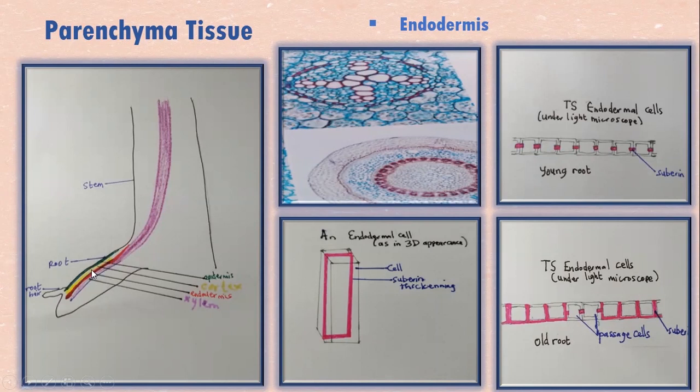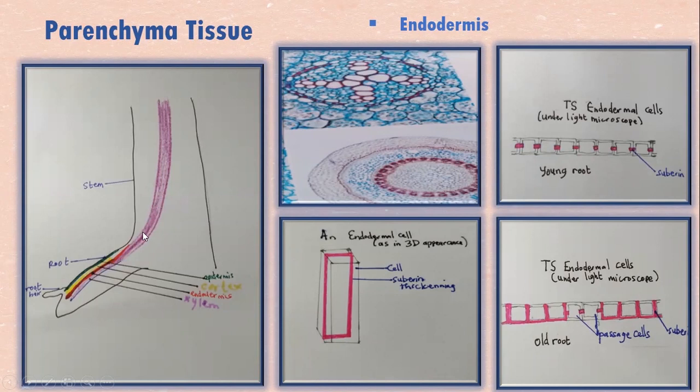You know, the cell wall is freely permeable. It allows everything to pass through. But because of the Casparian strip, only substances that the cell needs will be able to pass through the cytoplasm and the vacuole, all right, into the xylem.